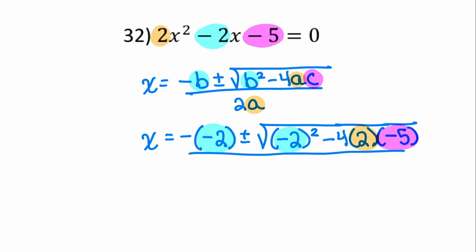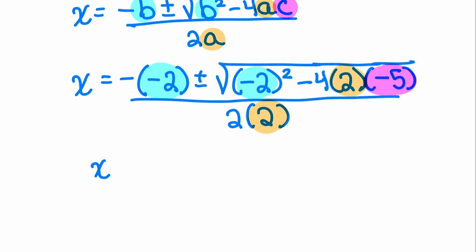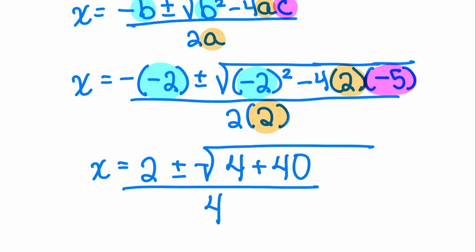Then we have it all over 2 times 2. So we're going to simplify this. Negative times a negative 2 is a positive 2, plus or minus the square root of negative 2 squared is positive 4. Negative 4 times 2 times negative 5 is going to be positive 40. All over 4.